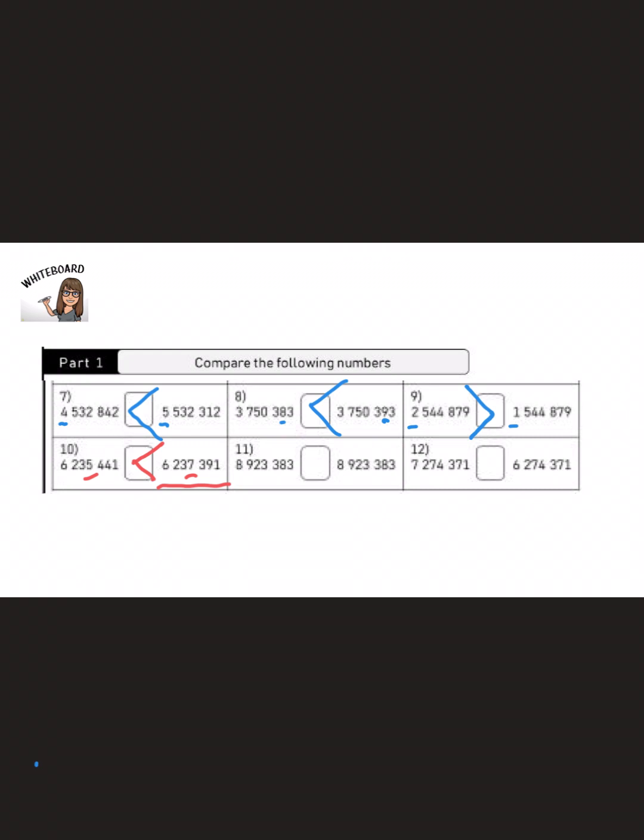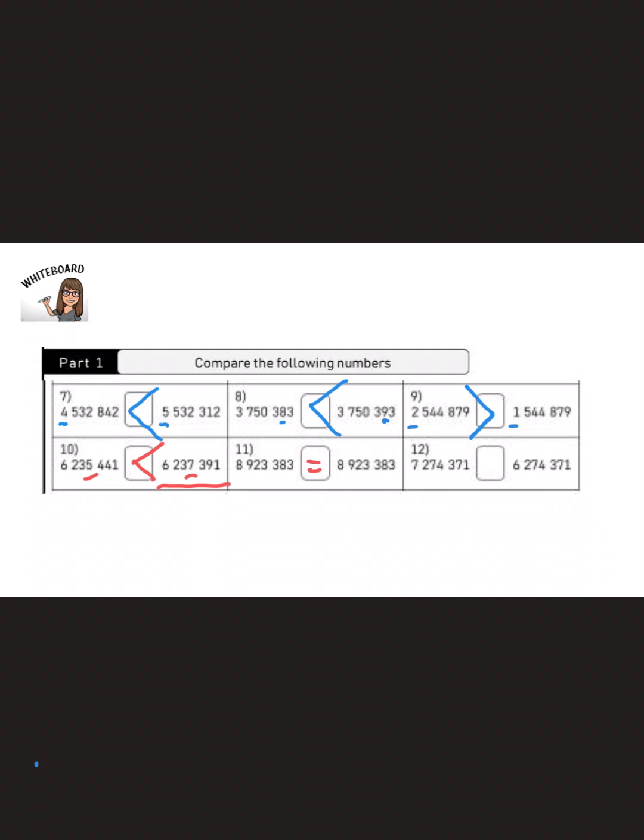Let's take a look at our next one. 8 and 8, 9 and 9, 2 and 2, 3 and 3, 3 and 3, 8 and 8, 3 and 3. What? They're all the same. Well, in case you've forgotten, when they're all the same, we just use the equal sign.